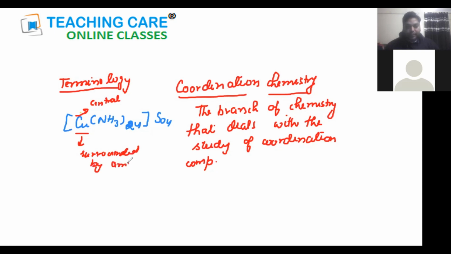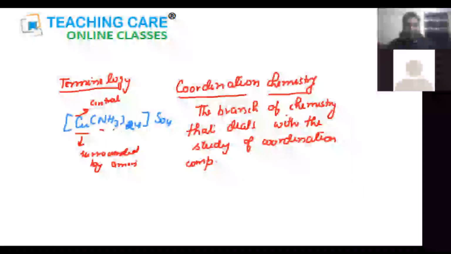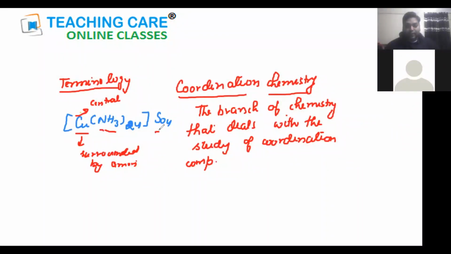So basically the central atom is positively charged and it is surrounded by anions. So this is an anion, this is a ligand. Either it is surrounded by anions or neutral molecules like NH3.